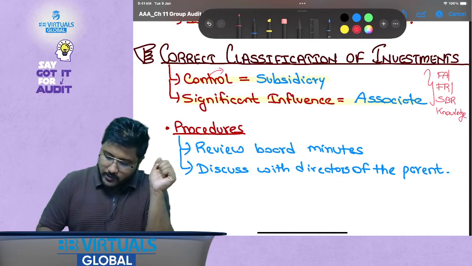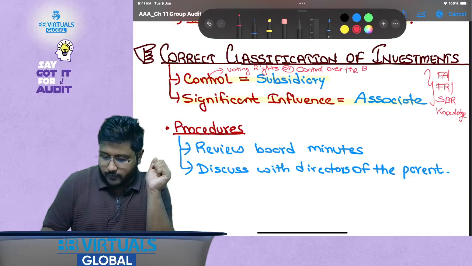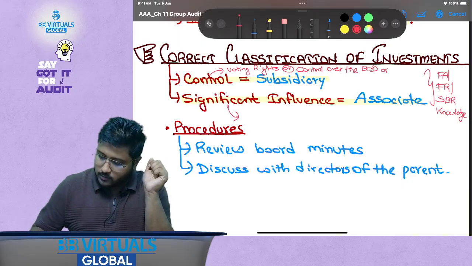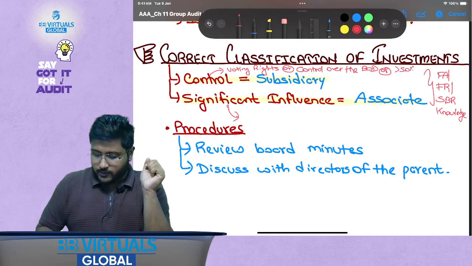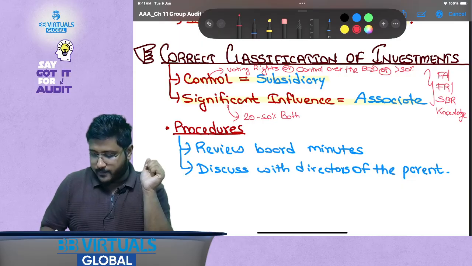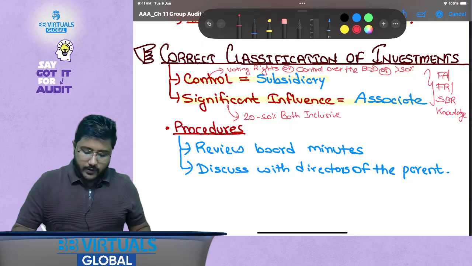So control could be in the form of voting rights, generally 50% or more, or control over the board of directors. Whereas when we talk about significant influence, it is between 20 to 50%, both inclusive generally, right? So significant influence, associate, right? So that is very, very important.